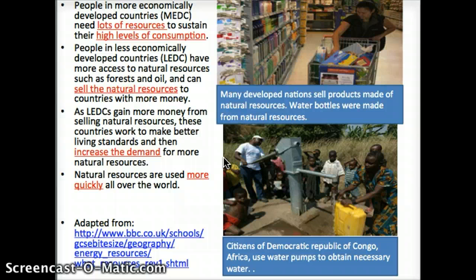And with that comes an increased demand for more and more natural resources. So more and more people around the world want to live kind of like the American lifestyle where it's very developed. But the greater the number of people trying to push for that American style of living, the more resources are used and the more quickly they're going to be depleted over time.